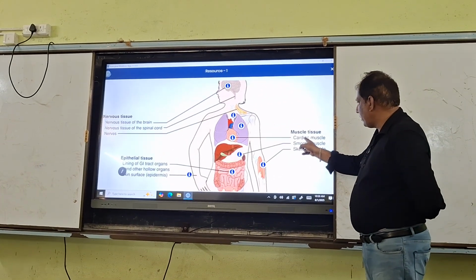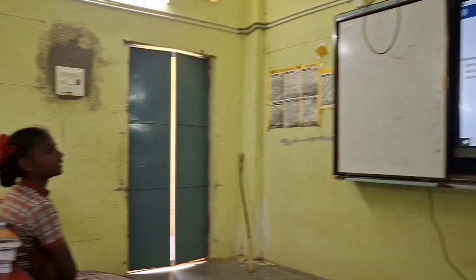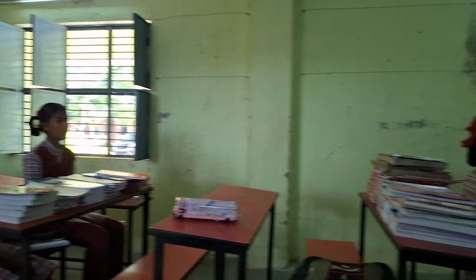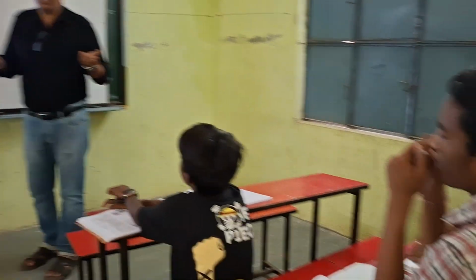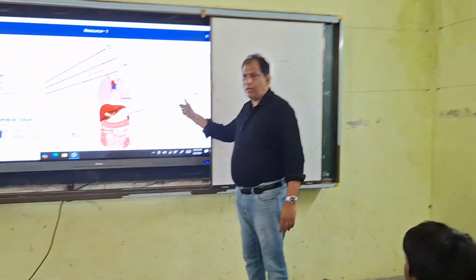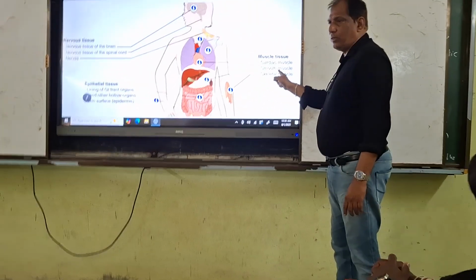This is the cardiac muscle. Cardio means heart. So cardiac muscle means our heart is one kind of muscle tissue, but it has its own name. What is the name of the muscle tissue present in the heart? Cardiac muscle.